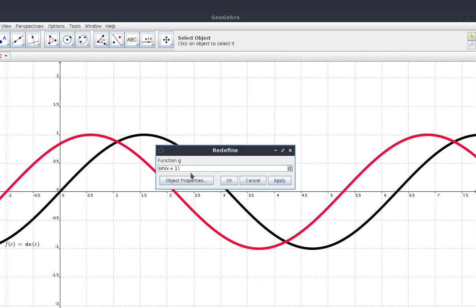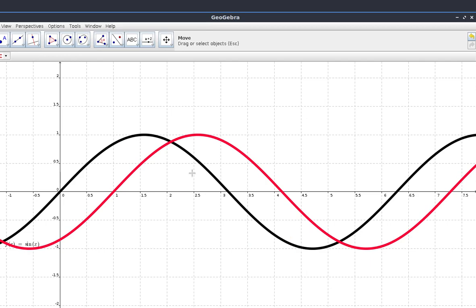So suppose I put minus 1: now the graph shifts one place to the right. That is called a phase shift. The phase is measured on the horizontal axis, the x-axis. So by shifting it, you're shifting the phase.